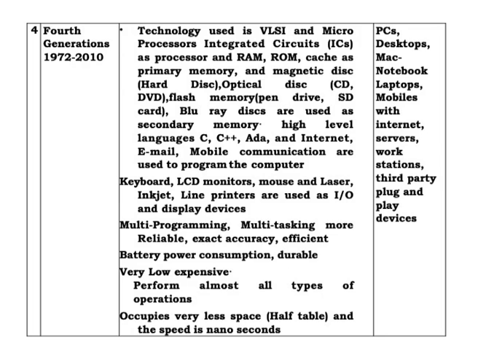High level languages like C, C++ and Java, emails and mobile communication all became part of fourth generation computers. Examples include PCs, desktops, Macs, notebooks, laptops, mobiles and the internet.